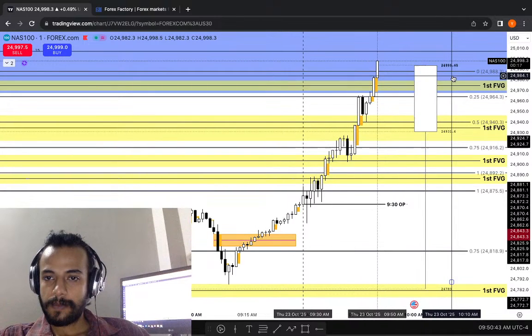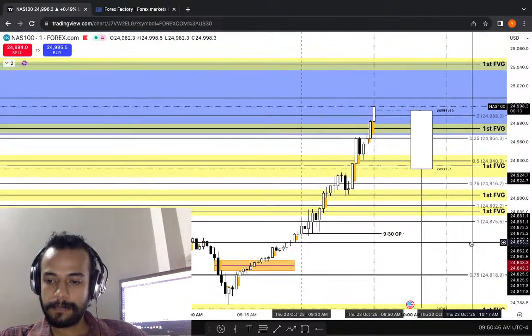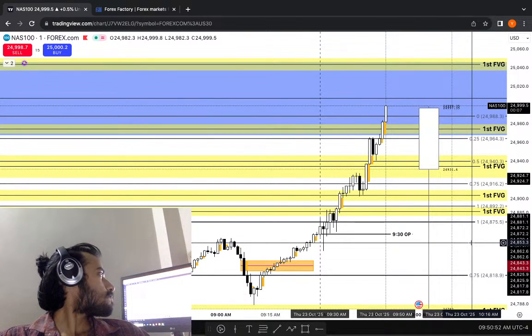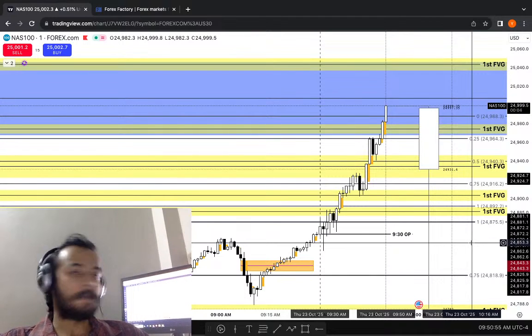Okay, it is continuing to march higher. Just bumping it higher and higher.